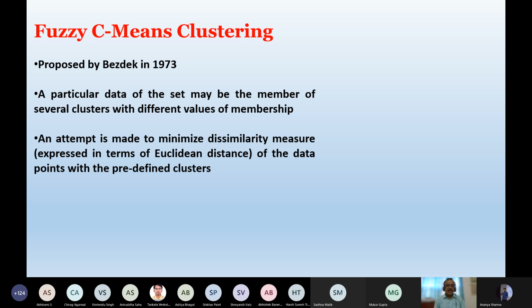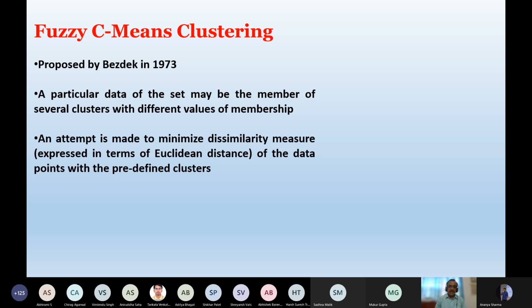Now here in the fuzzy C-means algorithm, a particular data point of the set may be a member of several clusters with different values of membership, and the sum of all the membership function values should be equal to 1.0. For example, say there are 5 clusters.